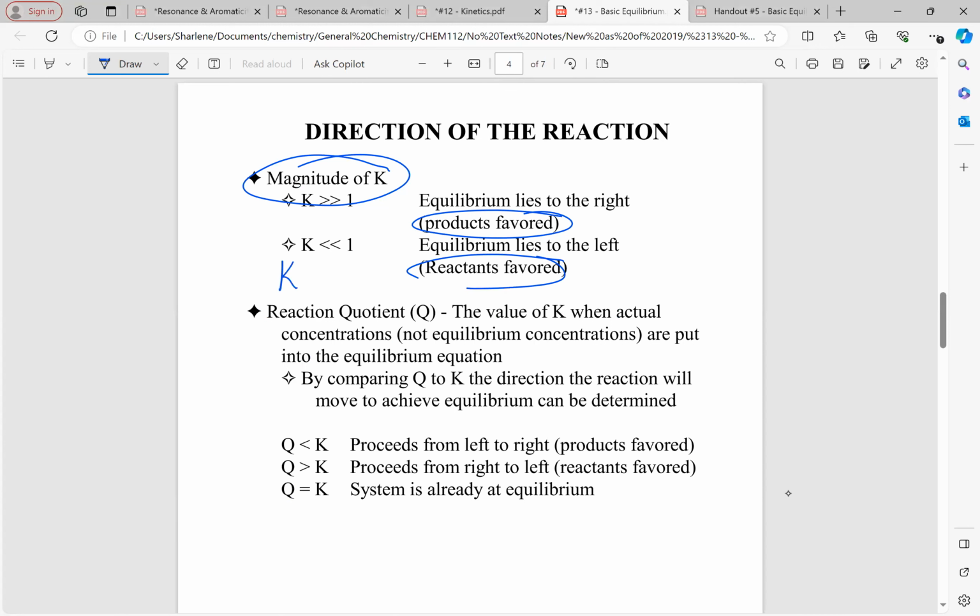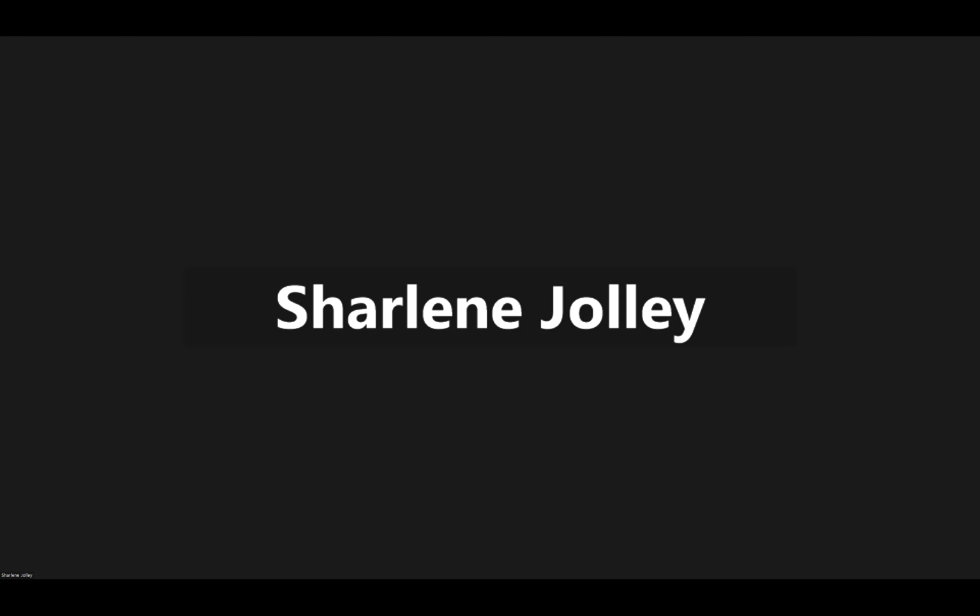If K is equal to 1, you're in perfect equilibrium, and neither are favored. They're equal. So if you're looking at your orange sheets, you can see exactly what each of them is doing. Back to my whiteboard.